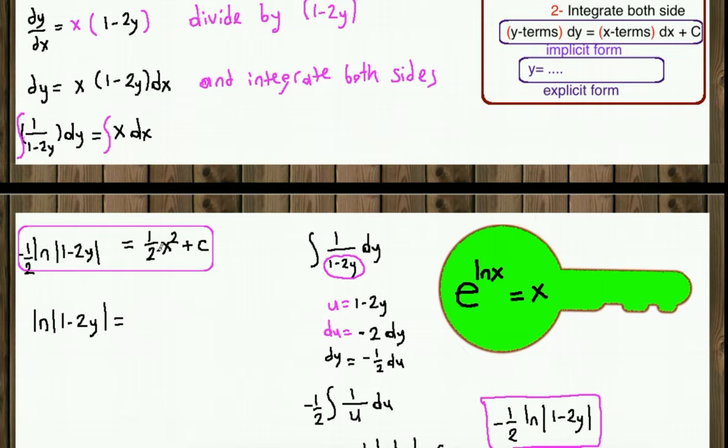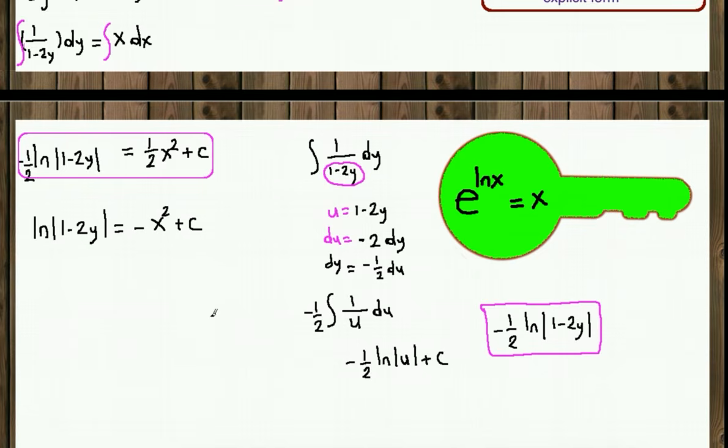And if we multiply here by negative 2, we get negative x squared plus c. We don't change our constant because it is still a constant, so c or 2c does not matter.